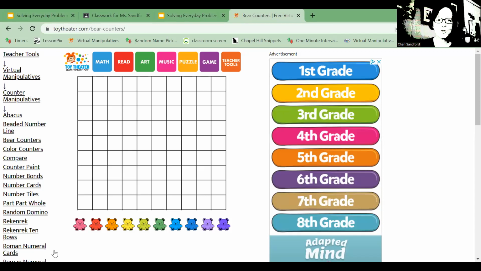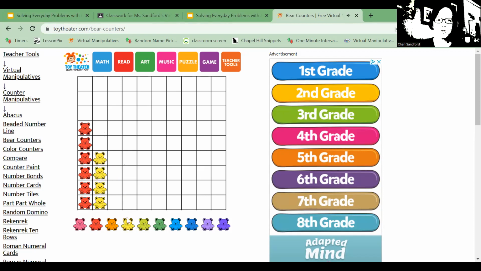And I remember that I need 6 red, 1, 2, 3, 4, 5, and 6. And I need 7 yellow. 1, 2, 3, 4, 5, 6, and 7.